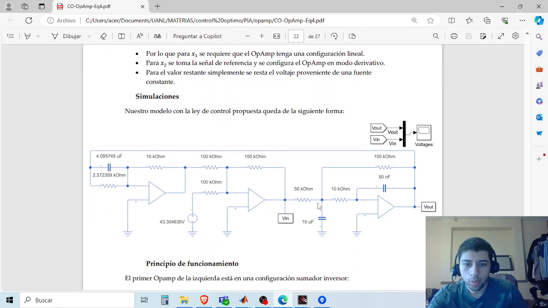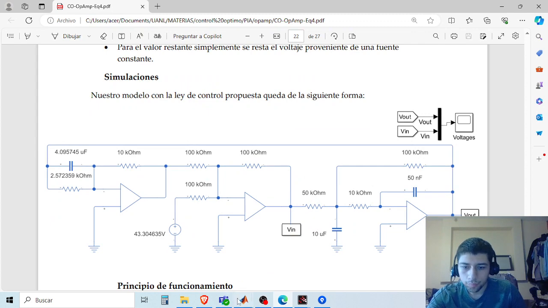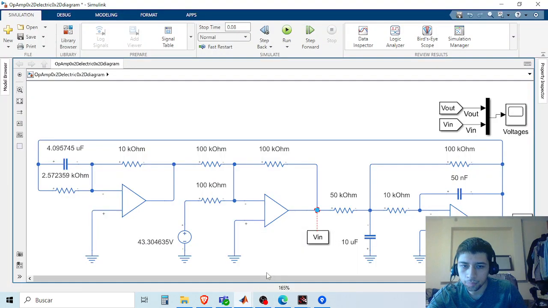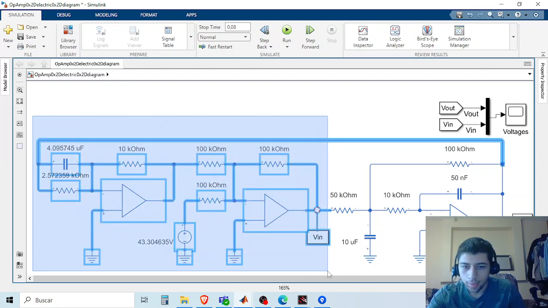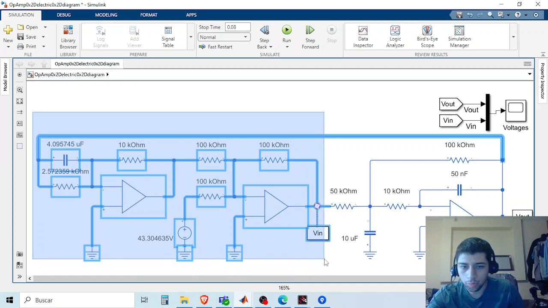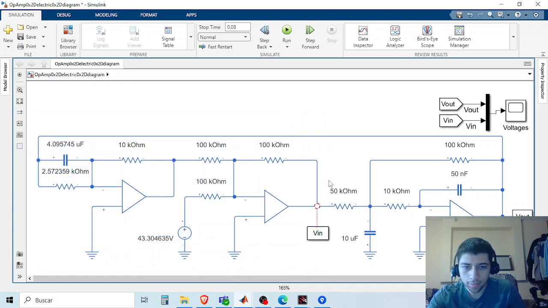We remember that the first state is the voltage output, the second state is its derivative, and for the simulation we could use some voltage controlled source, program that voltage source, and eliminate all these extra electronic components, and just leave that controlled voltage source.